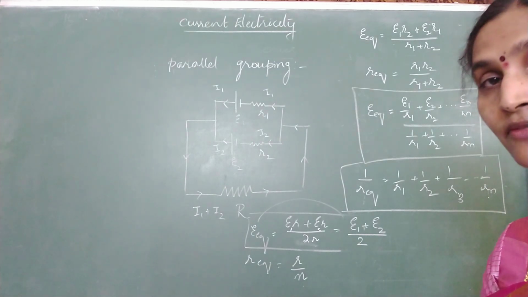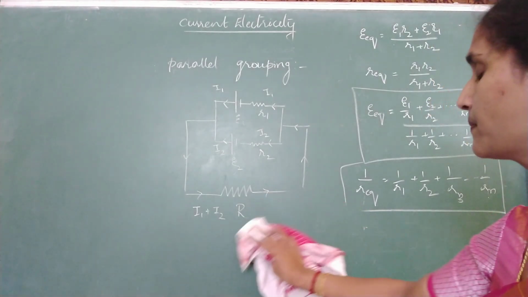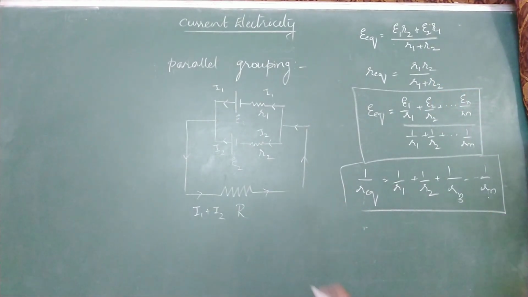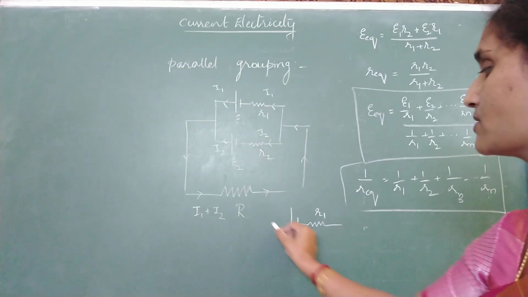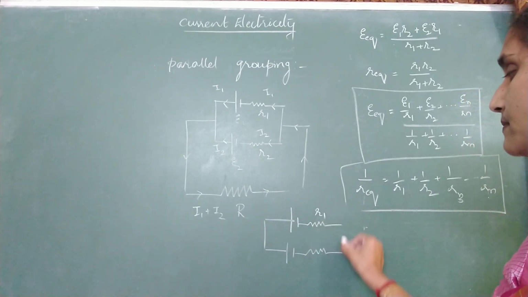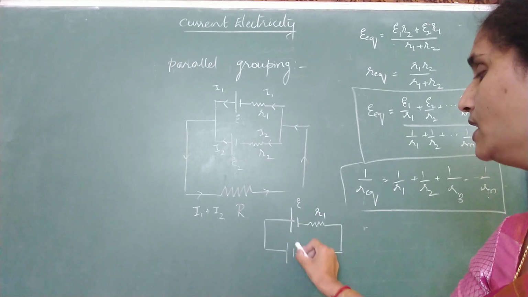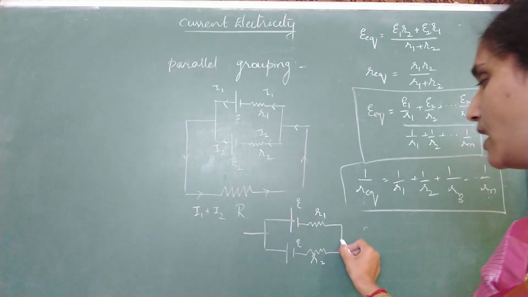Now I will do the reverse. What will be the equivalent EMF for the two cells with different internal resistance and same EMF? This is E and this is also E. I'll call this R2.